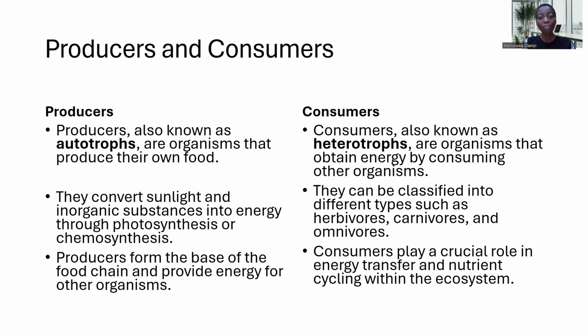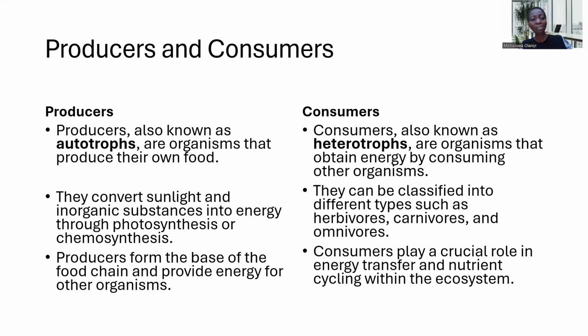Producers form the base of the food chain and they provide energy for other organisms, while consumers play a crucial role in energy transfer and nutrient cycling within the ecosystem.